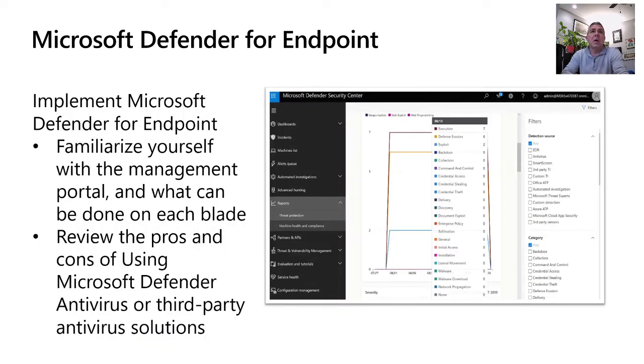You'll also want to go through the management portal. And this is where I'm going to emphasize hands-on experience is going to be very important here. You don't necessarily have to manage hundreds or thousands of endpoints, but you should be very comfortable walking through the portal, knowing what capabilities are exposed in each blade, knowing where you would need to go, and in setting things up, understanding the order of operations.